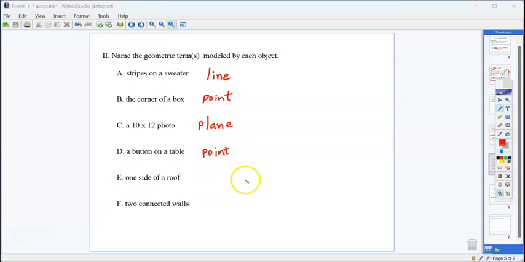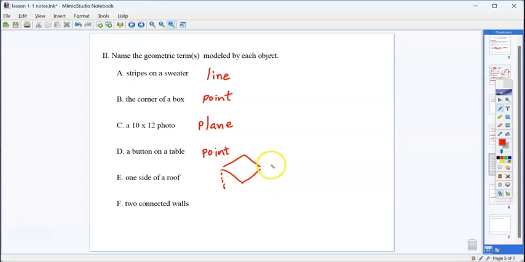One side of a roof. So if you think about it, let me see if I can do a little artwork here. Just one side of a roof. So we would have the other side. So here's the middle of the house. Just looking at one side of a roof, that looks like a plane.